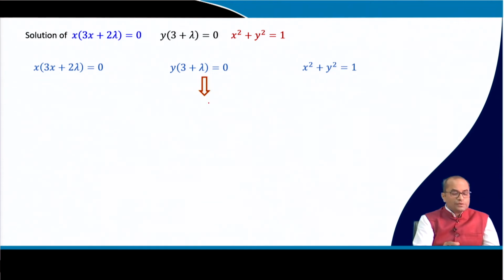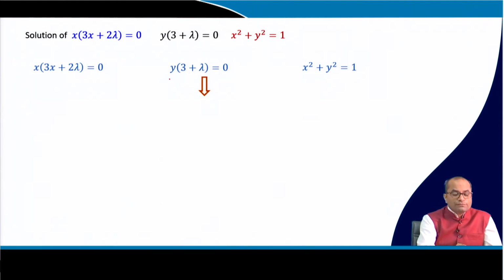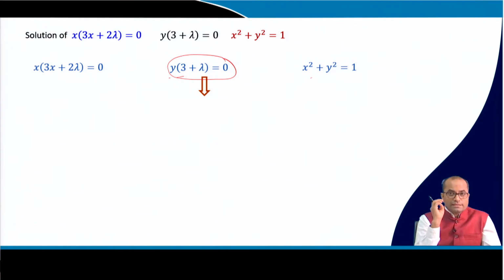Okay, so we have these three equations which need to be solved now. Sometimes solving these equations could be tricky, because you have to find all those points which satisfy all three equations. So, here from y times 3 plus lambda is equal to 0, because this is the simplest one among all, we realize that this equation will be satisfied when either lambda is minus 3 or y is 0.